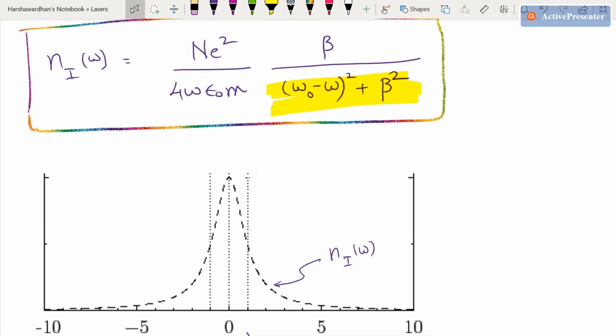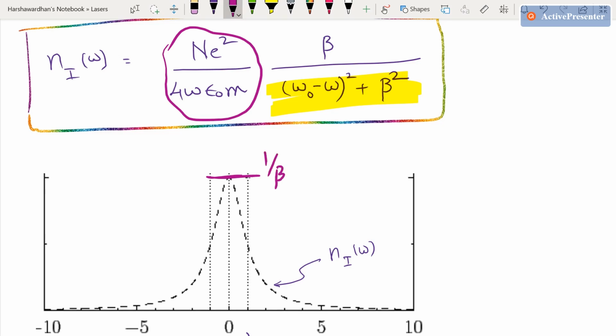And as I go away from the resonance, the frequency dependence is essentially 1 over omega square, far from beta. This quantity takes a maximum value where, apart from this prefactor, which I will not worry about at the moment, imagine this prefactor is a constant, the maximum value it takes is actually 1 over beta.